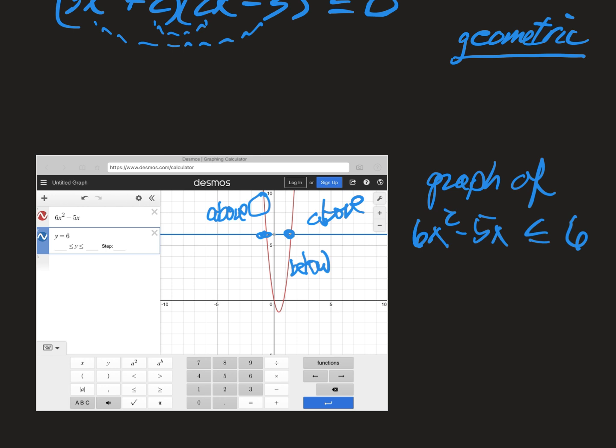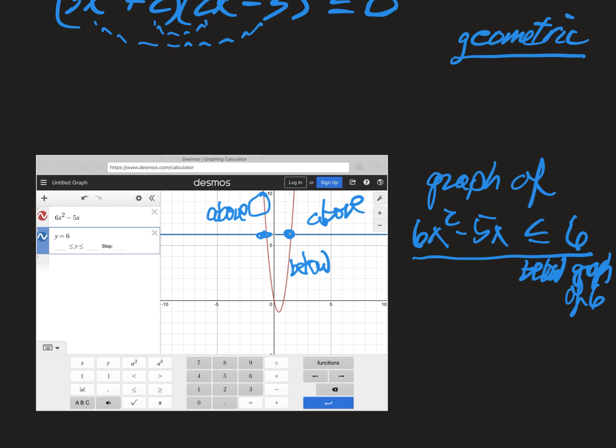And so, without knowing what those points are, in fact, I don't even need to know what those points are, I have an understanding of what this inequality means. It means, where is the graph of 6x squared minus 5x going to be below the graph of 6? Because less than or equal means below, greater than means above, right?